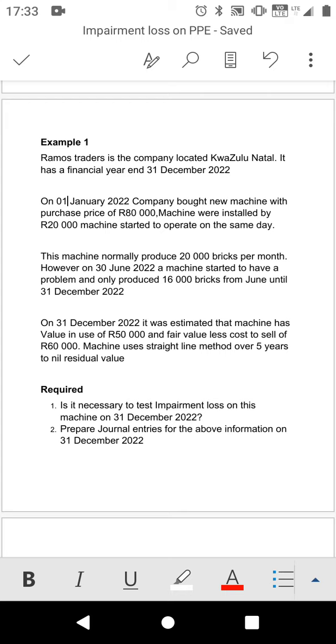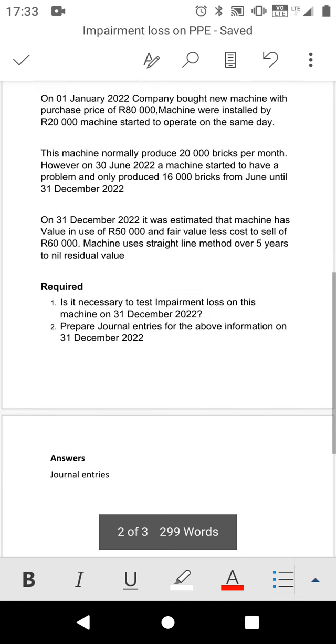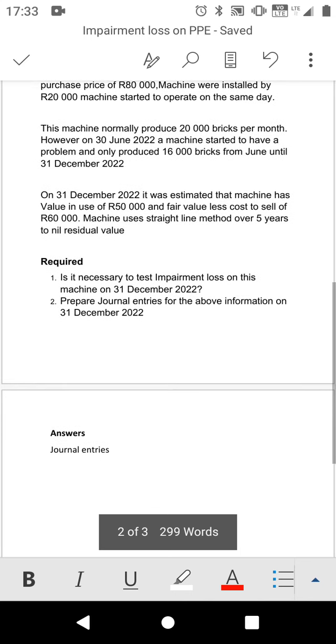The recoverable amount, the principle said we have to take the higher one, which is 60,000 of fair value less cost to sell. Okay, then the machine used the straight line method over 5 years to nil residual value. That's the depreciation that we have to do. Then number two, prepare journal entry for the above information.